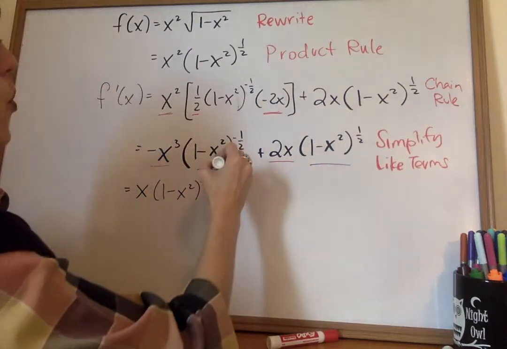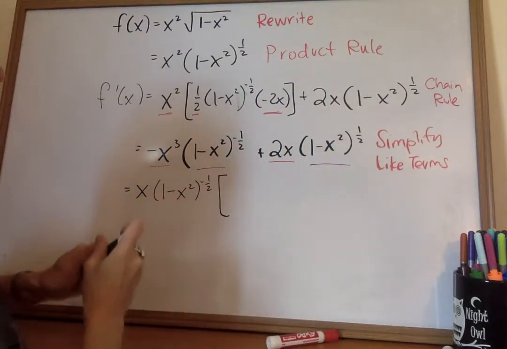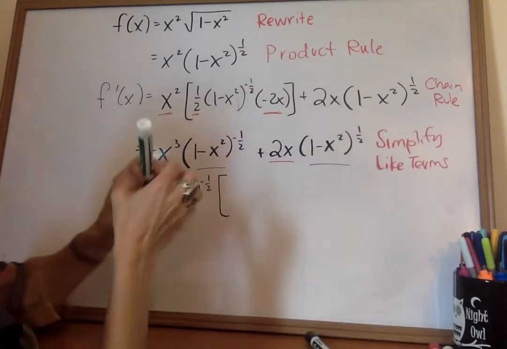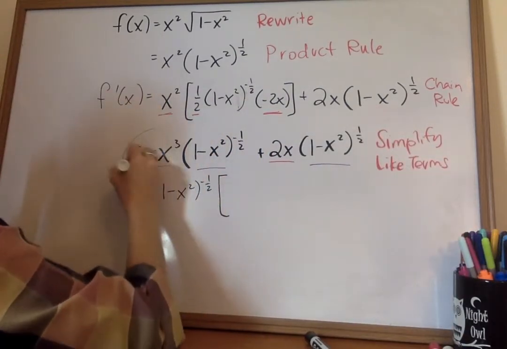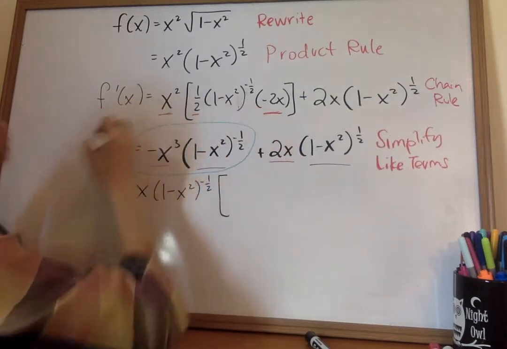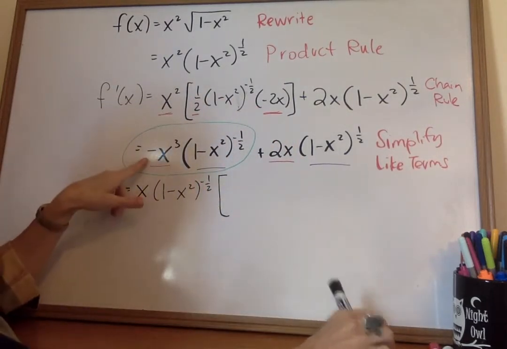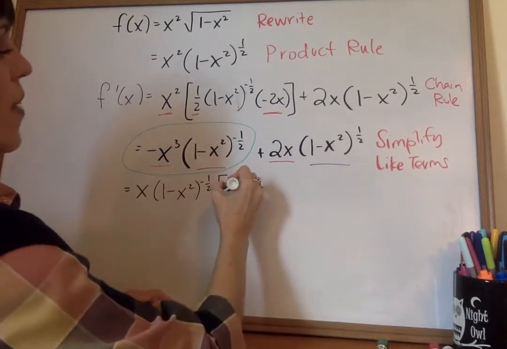Now, I'm pulling out first from this half. Let me get another color. So right now I'm pulling out of here, or factoring out of here. And so I'm pulling out an x from the negative x cubed. That's going to leave me negative x squared.